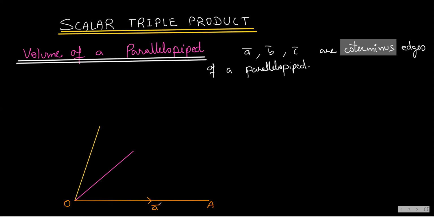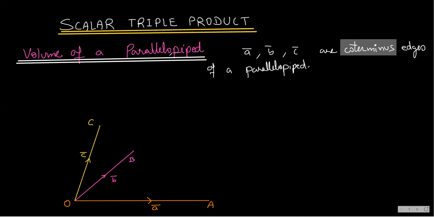I call it A bar. Let me have point B here. This is vector OB bar, which I call B bar. And then here, this one is O, and let the extreme point be C. This is vector OC bar, which I call C bar.